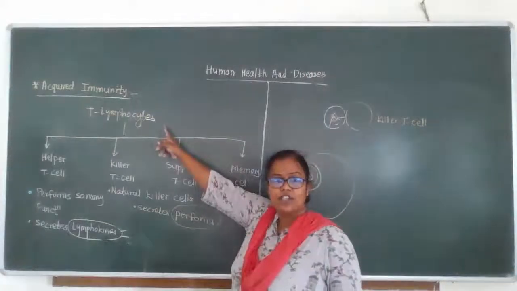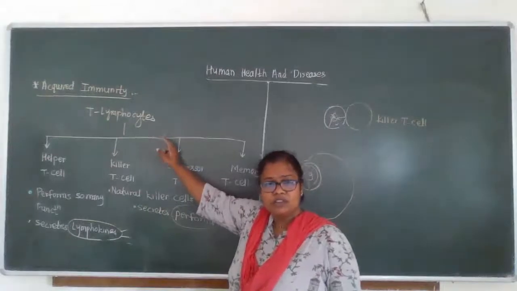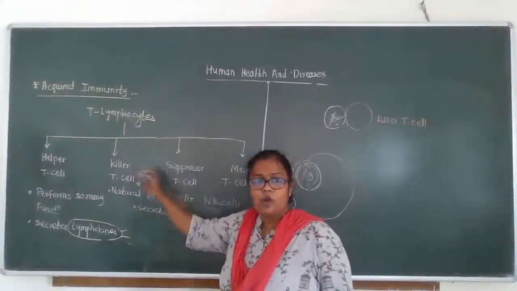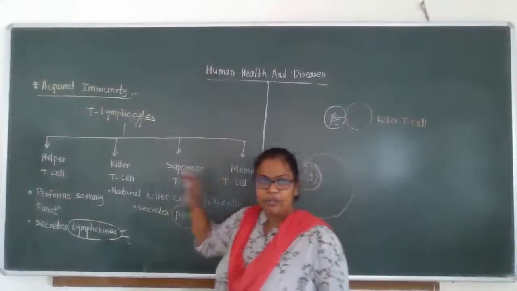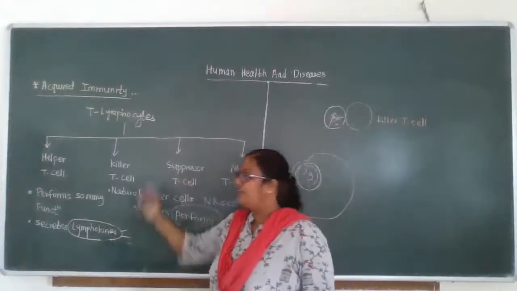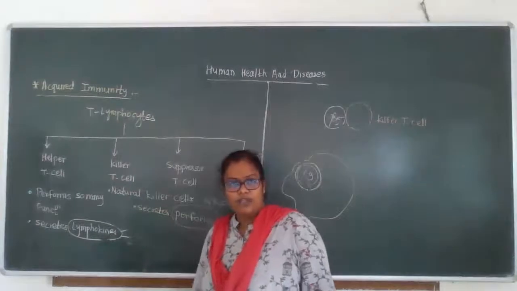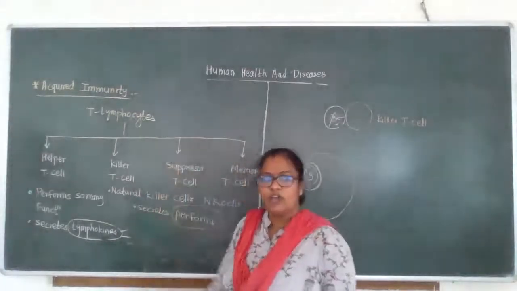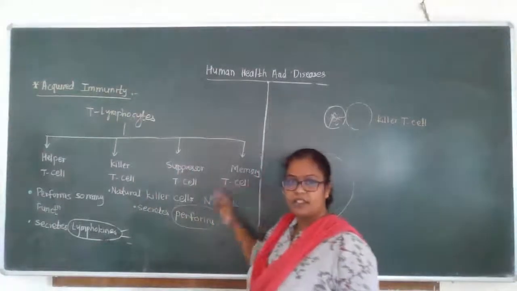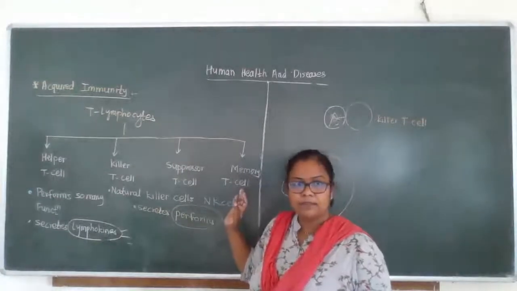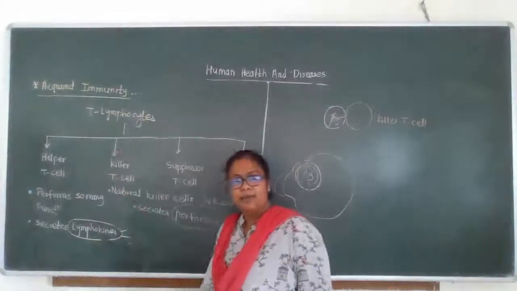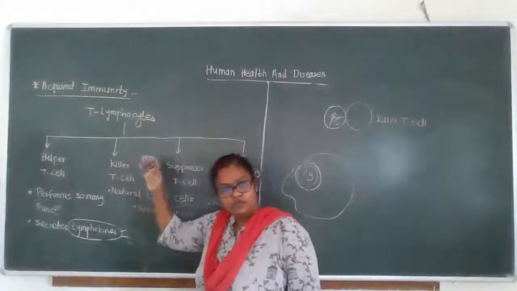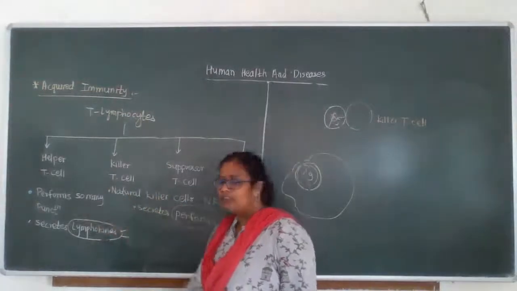The sensitized T lymphocyte forms its clones, that means multiple copies, and these multiple copies perform different functions, and according to their function they are grouped into four: helper, killer, suppressor, and memory T cell. Clear? Okay, so the helper, as the name says, helps or performs many functions.